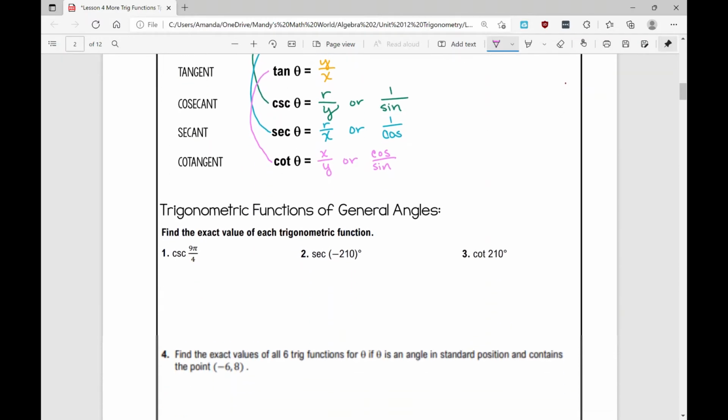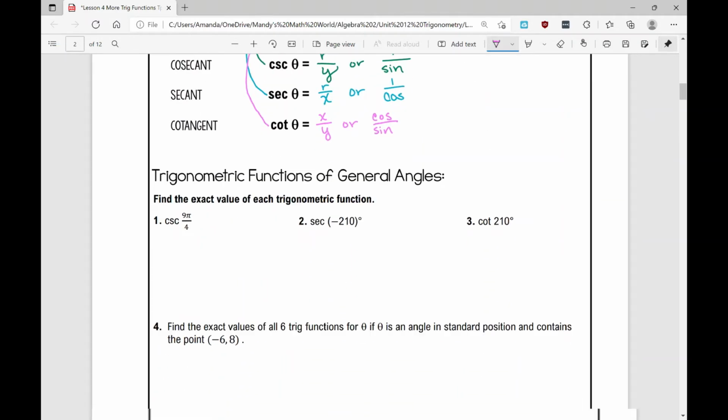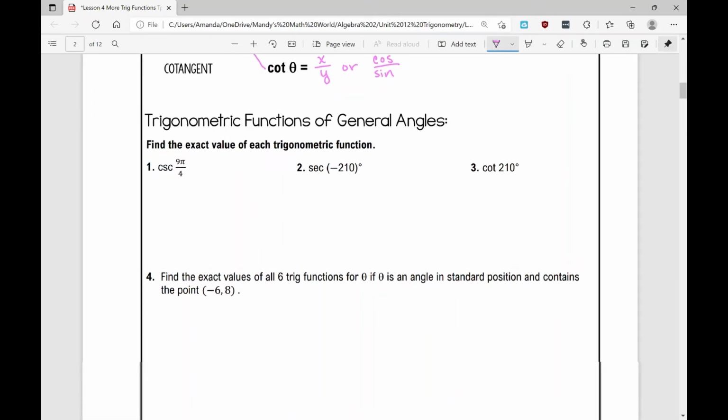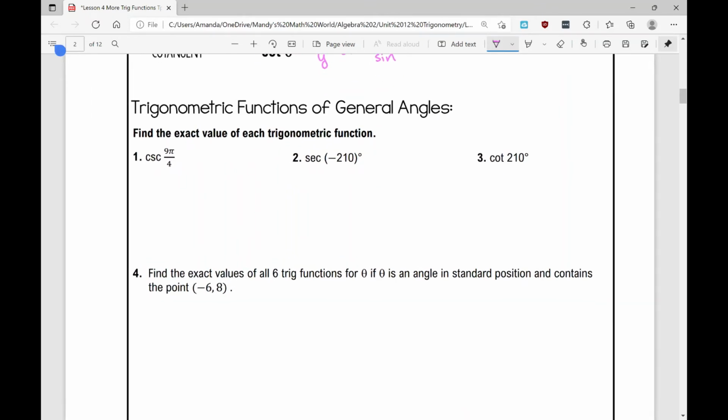So now let's talk about trig functions of general angles. And in this case, we're going to look at these additional trig functions that we've added to the mix today. In today's lesson, I want you to use your unit circle.